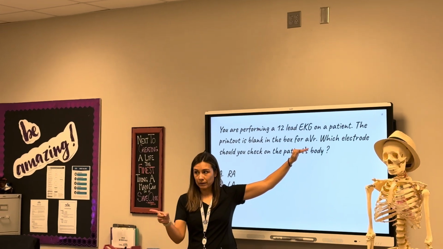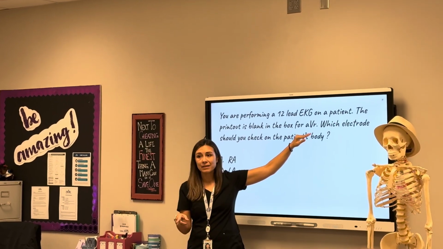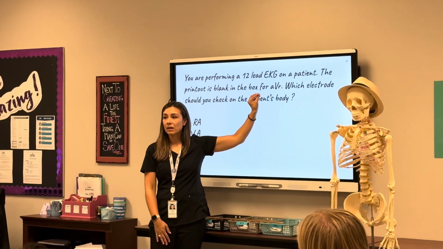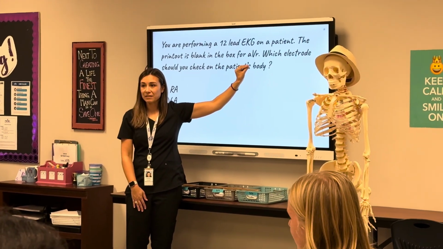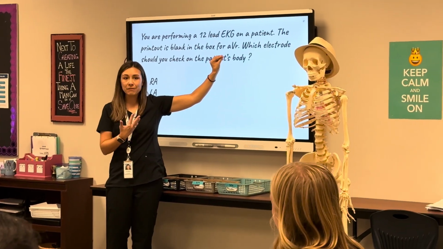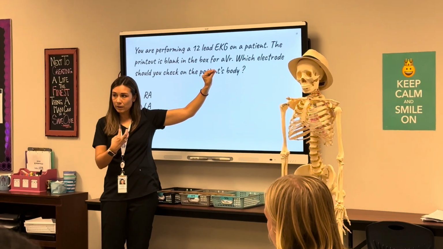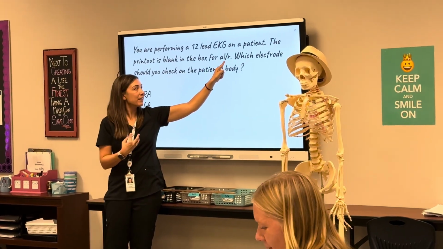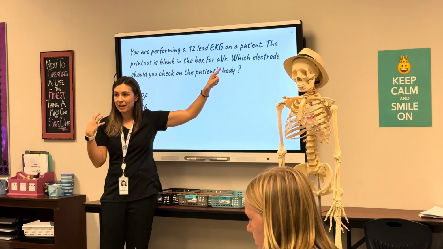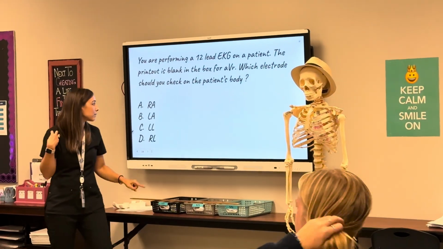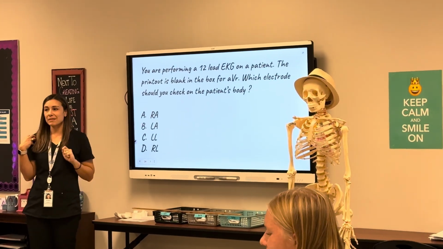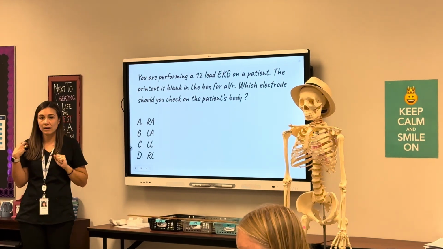A unipolar limb lead. aV stands for augmented vector. So part of my negative pole is my Wilson central terminal. And then R, I'm dealing with my right arm. Okay?